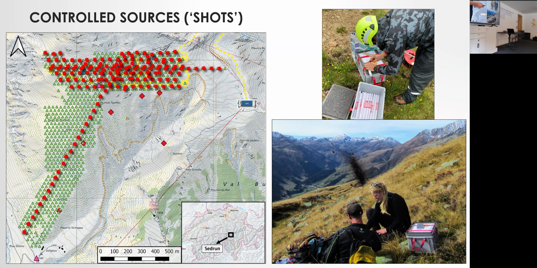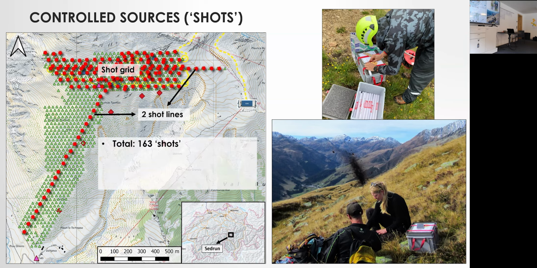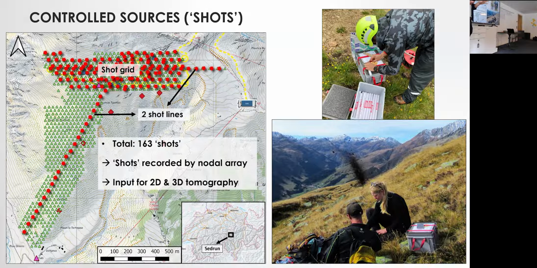The configuration consists of a shot grid, as you can see here, and 2 shot lines, one crossing the landslide shoulder from east to west, and one running down the slope until the valley. These add up in total to 163 shots. And those shots were recorded by all those nodes, and this is actually the input for the 2D and 3D tomography that I would like to show now.